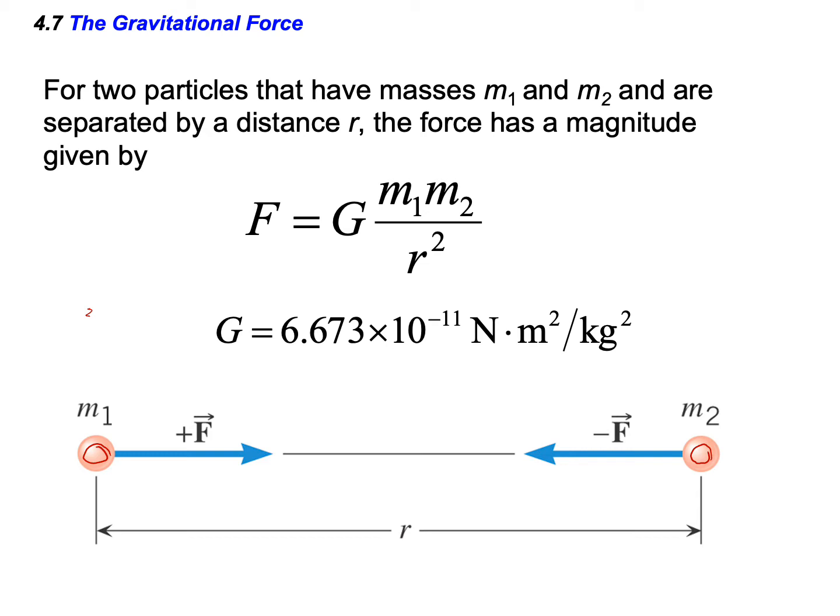And also this force is proportional to the mass of particle 1, and proportional to the mass of particle 2, and inversely proportional to the square of the distance between the two particles. So the force between two objects or particles is given by the gravitational constant, mass of particle 1, mass of particle 2, divided by the distance square between them.